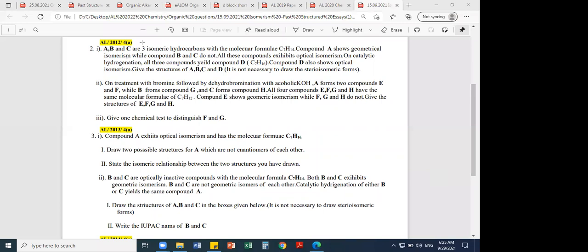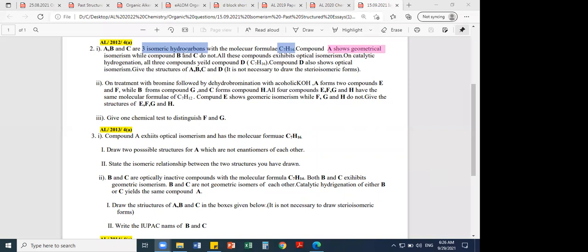This has 3 isomeric hydrocarbons, and the formula is C7H14. Those 3 hydrocarbons are A, B and C. That is one part of the information. And the other one: A shows what? Geometric isomerism. Geometric isomerism is cis-trans, no?